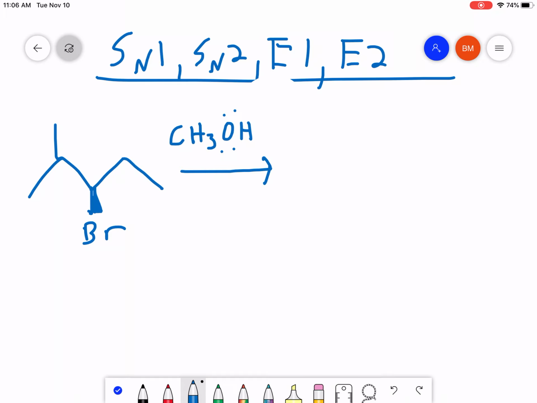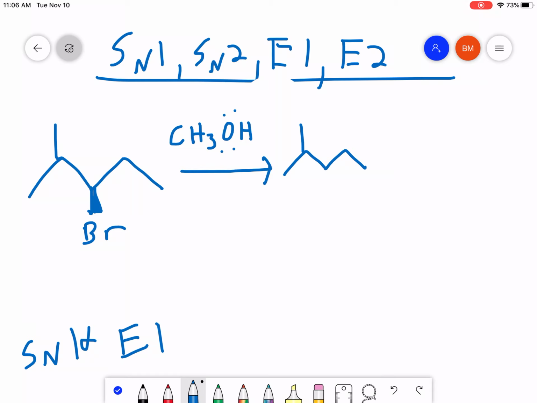Well, what can react here with a weak base or weak nucleophile and a protic solvent? That works for SN1 reactions. It also works for E1 reactions. And what did we say in the last video about SN1 and E1? You always get them together, at least with alkyl halides. So what you would have to do is, first of all, draw the nucleophilic substitution products.